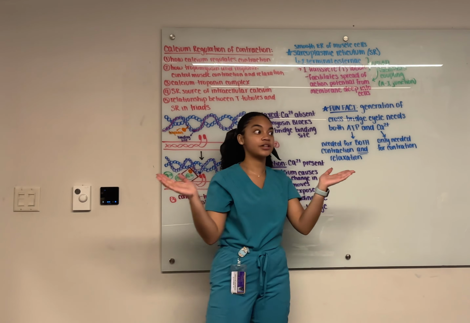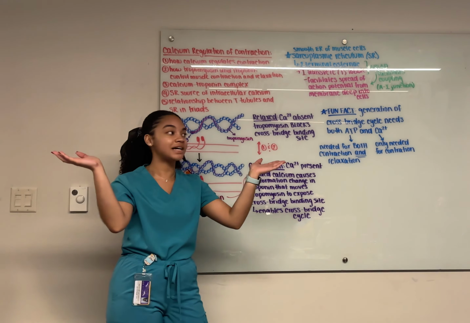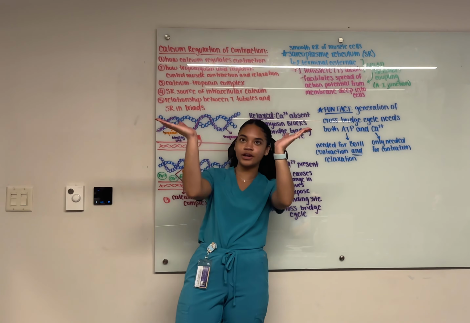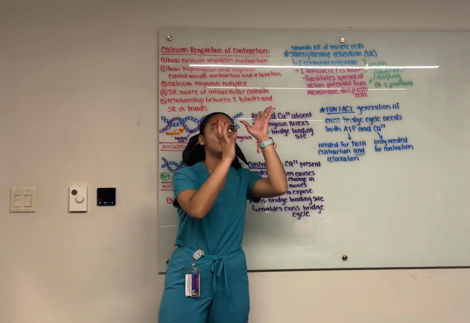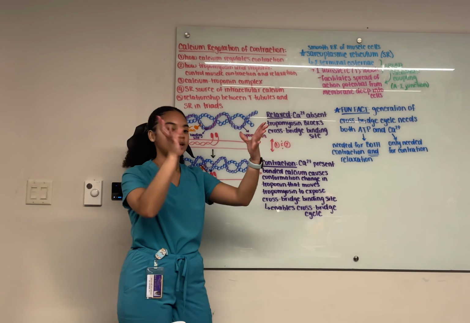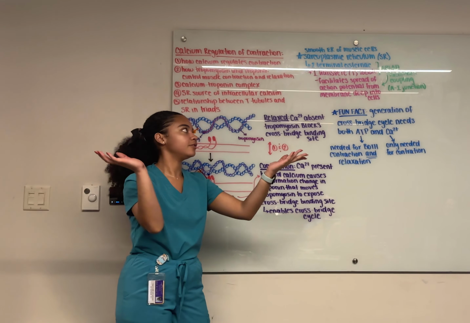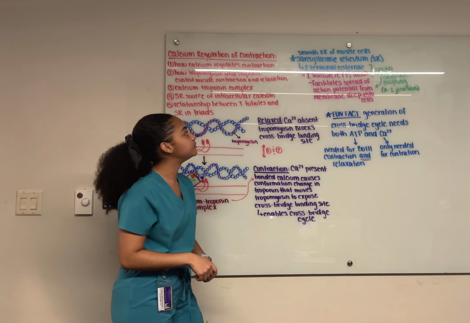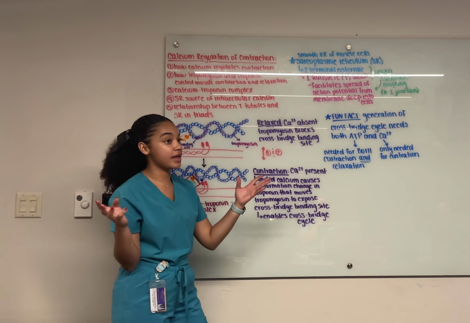That T-tubule is actually part of your muscle cell. It's the plasma membrane of the muscle cell that creates an invagination, or a tubule. So the two terminal cisternae and the T-tubule are going to create the triad.